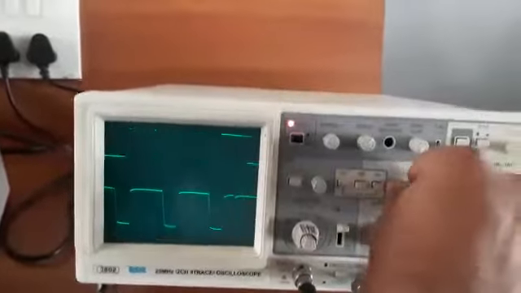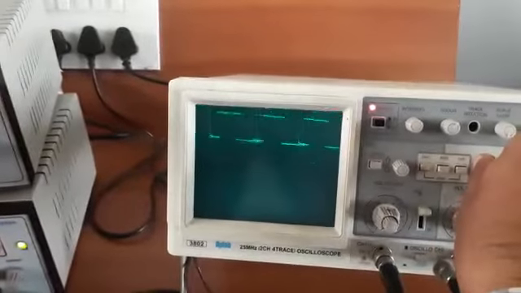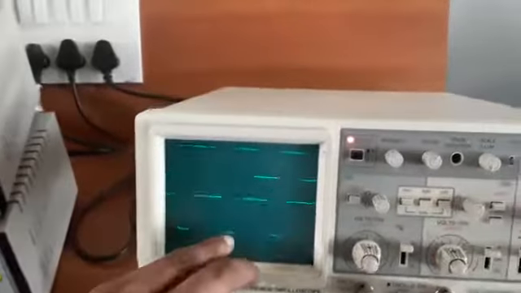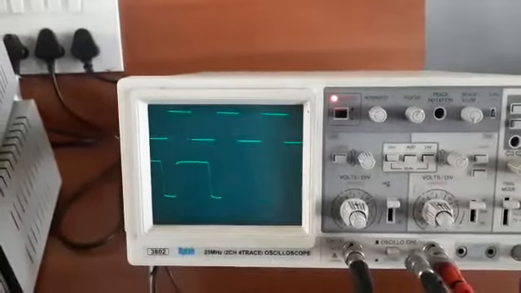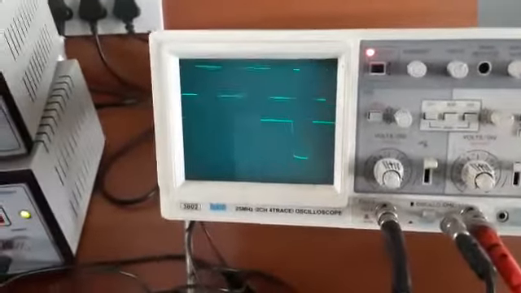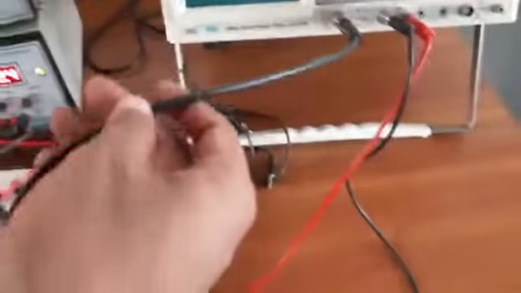If you compare, you get the same thing. Note down the amplitude and the frequency of the demodulated signal. Here, the first channel is connected to the modulating signal, and the second to the demodulated signal.